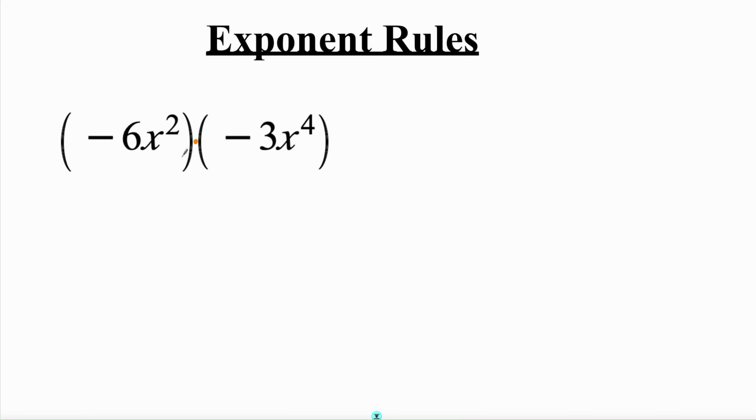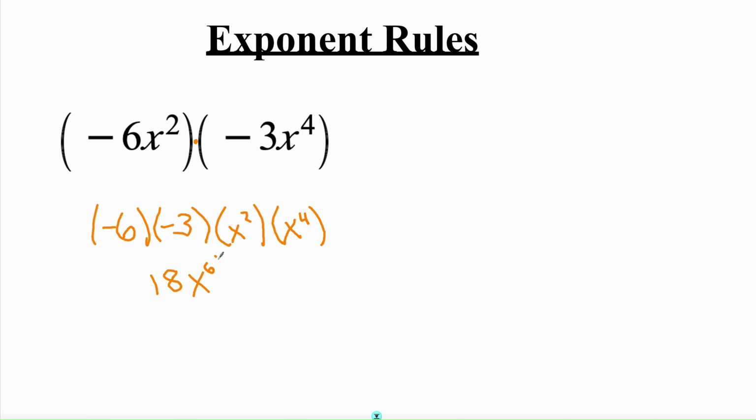So since everything here is multiplication, I can think about this as negative 6 times negative 3, then times x squared, then times x to the 4th. And again, this might be something I do mentally that I don't actually write out. But when you think about it that way, I can see, okay, negative 6 times negative 3 makes positive 18. X squared times x to the 4th is x to the 6th. And I am done. That one is complete.